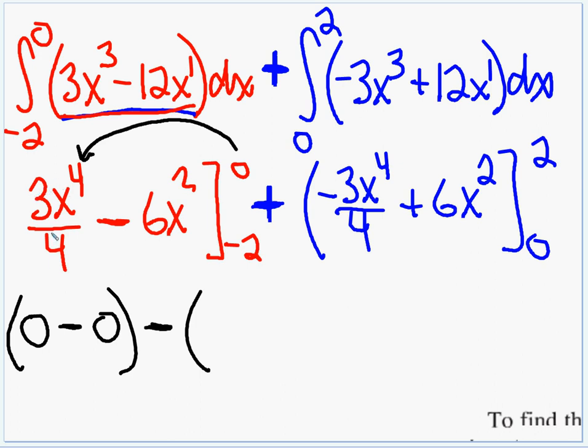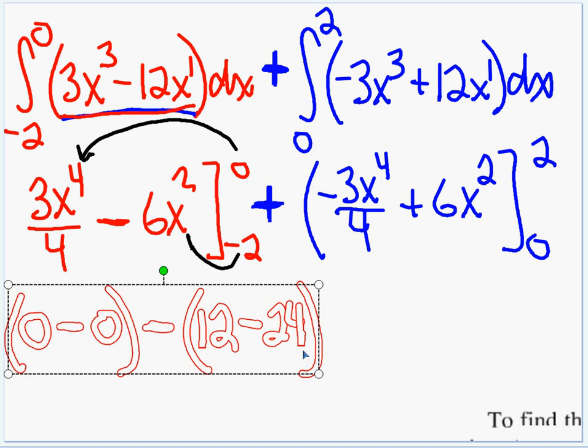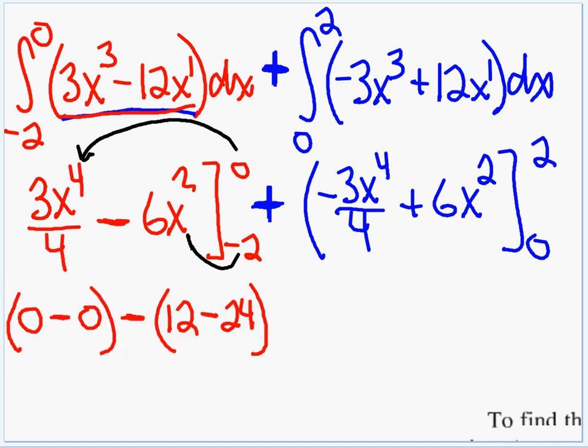Divide that by 4, that's going to be 12. Negative 2 hops in here, that's going to be squared to a 4. Times 6 is 24. So minus 24. And to keep with my color coding, I should have made that red. And we'll shrink that up just a little bit.